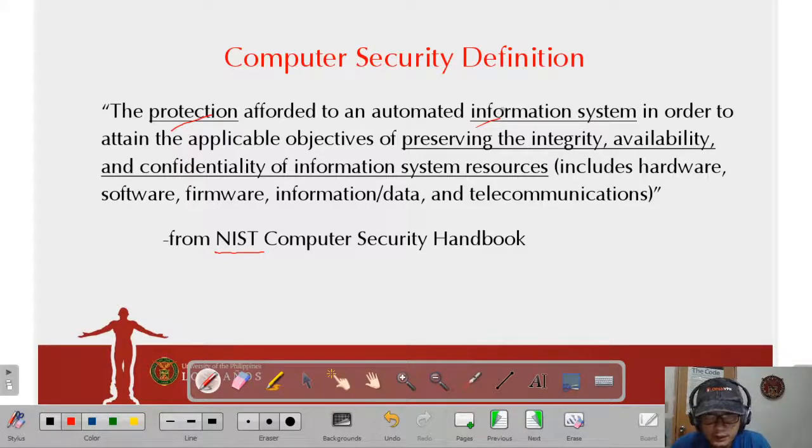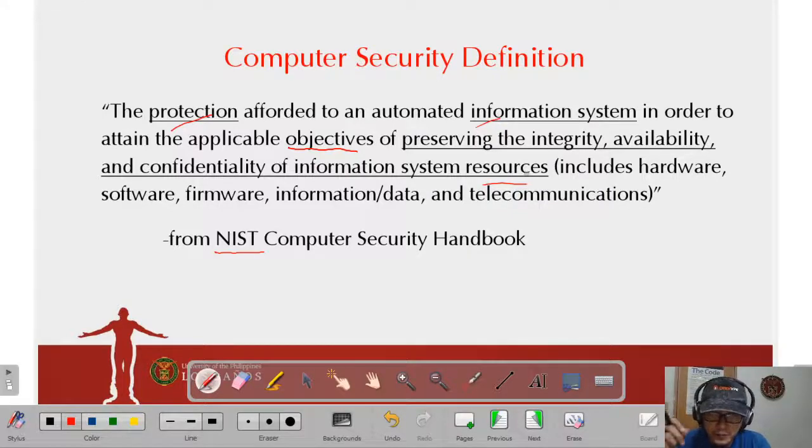Now, what characteristics or properties of an information system would you like to protect? So we introduce what we call objectives for the information system, like preserving the integrity, availability, and confidentiality of the resources used by the information system.